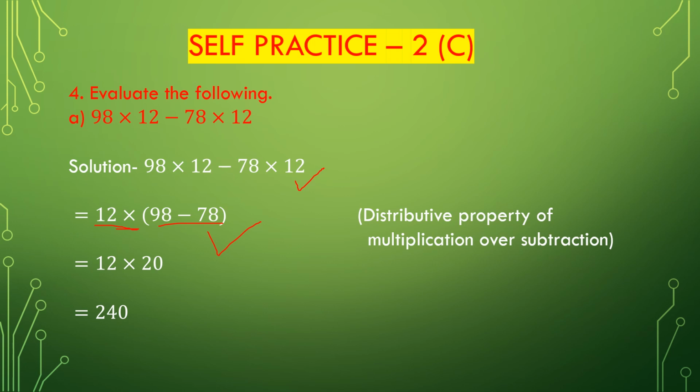So first we perform this parenthesis. Inside this parenthesis, 98 minus 78 is 20. Then we multiply with 12. 12 multiplied by 20 we get 240. So 98 multiplied with 12 minus 78 multiplied with 12 we get 240.